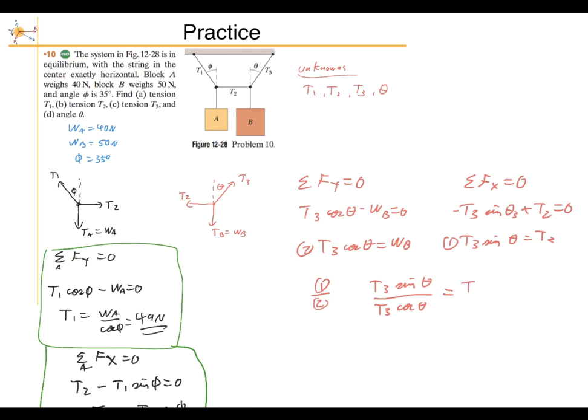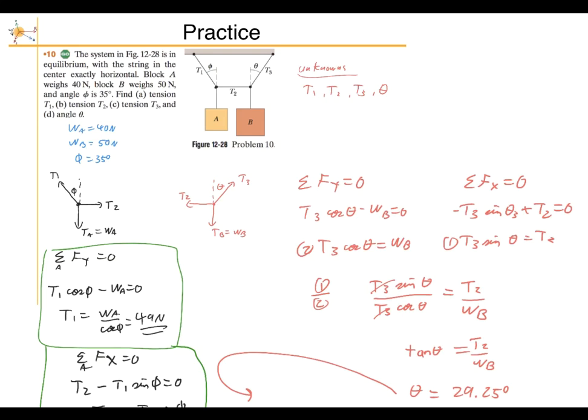And the right side of equation 1 is T2, and the right side of equation 2 is WB. You notice that the T3s cancel out, and sine theta over cosine theta becomes tan theta, equal to T2 over WB. So theta is the arctangent of T2 over WB, and we get 29.25 degrees.